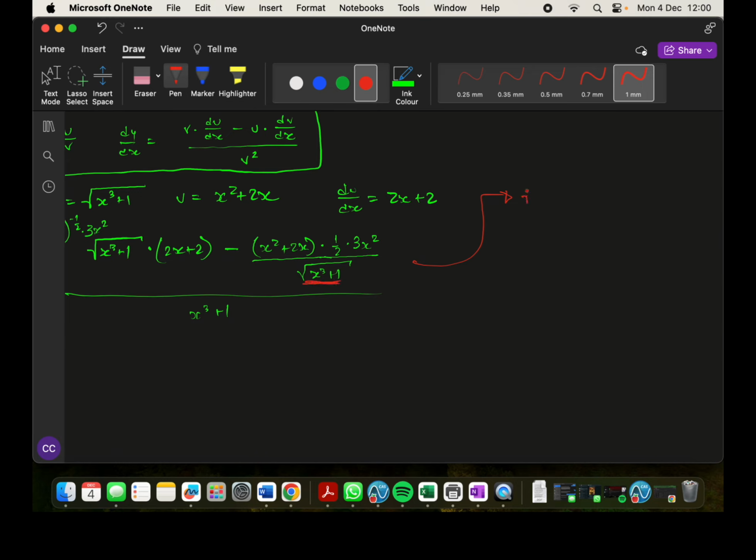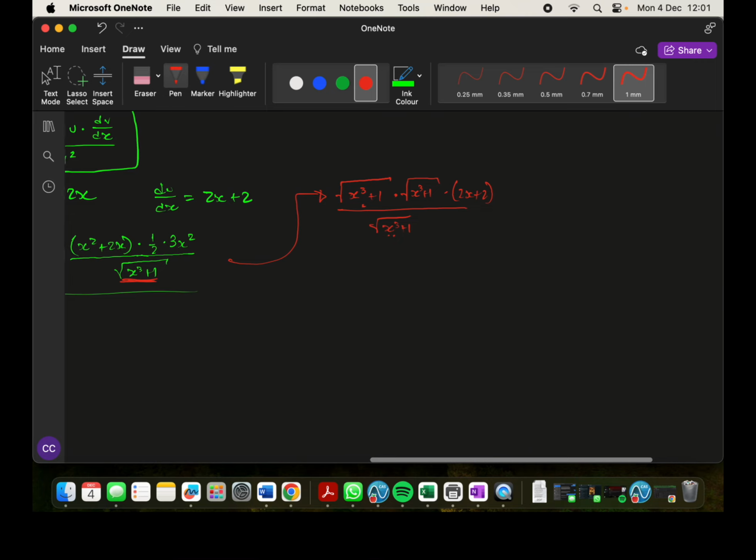So that would turn into the square root of x cubed plus 1 times the square root of x cubed plus 1. So that makes my common denominator there. And then times 2x plus 2.